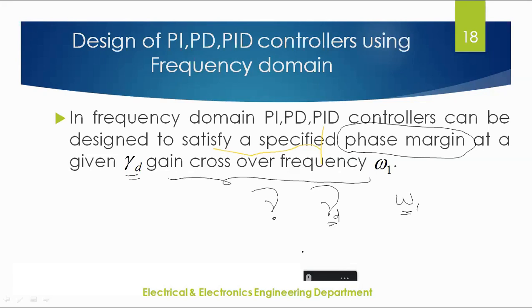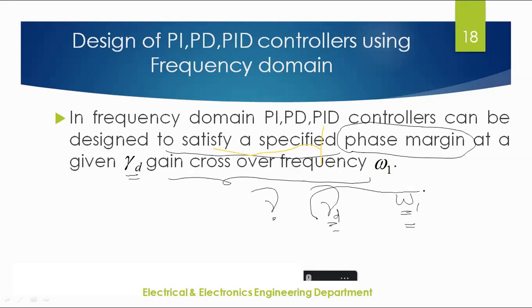Here in frequency domain, the tuning of Kp, Ki, Kd values is designed to satisfy the specified desired phase margin and the given gain crossover frequency.